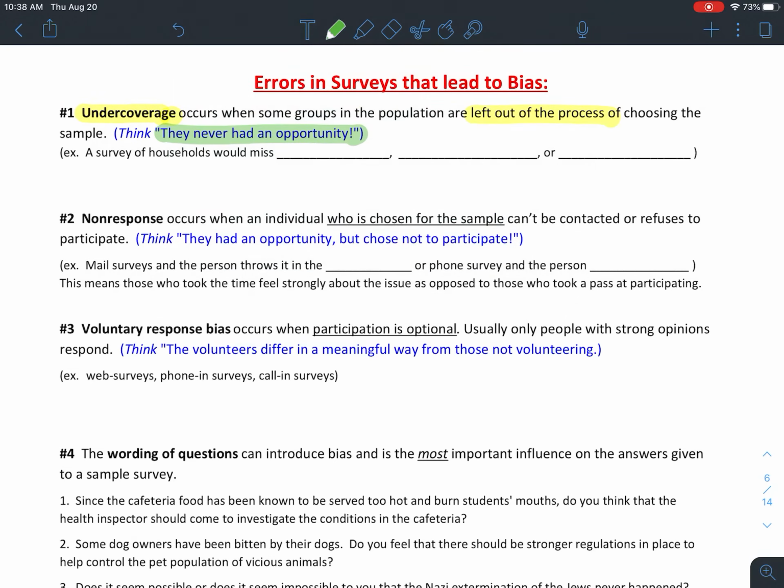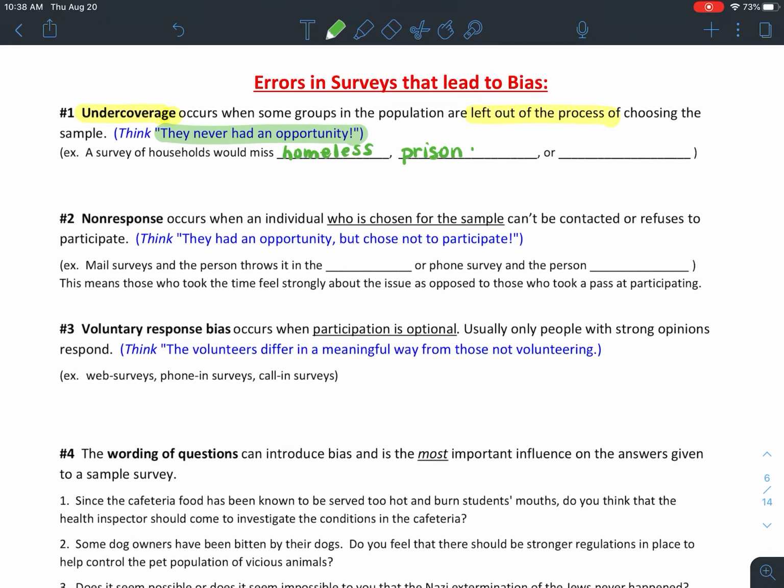Now, what would that look like? Well, if we were going to survey, say, households, so we were going to only contact people who have homes, obviously, we would be missing anyone who was homeless. They would not have had an opportunity to be selected for the survey.